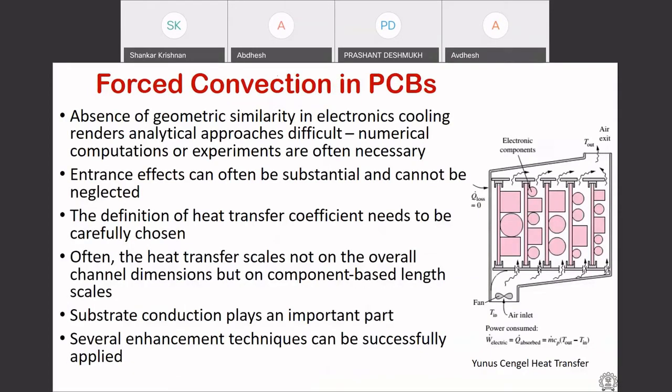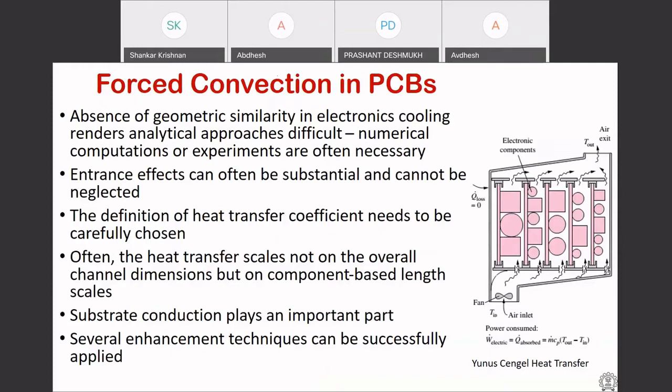In general, one of the biggest challenges in dealing with cooling of these motherboards and printed circuit boards is that there is no geometric similarity in electronics cooling.